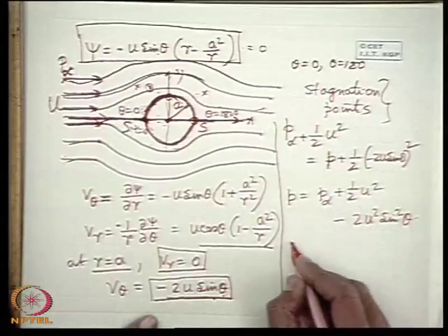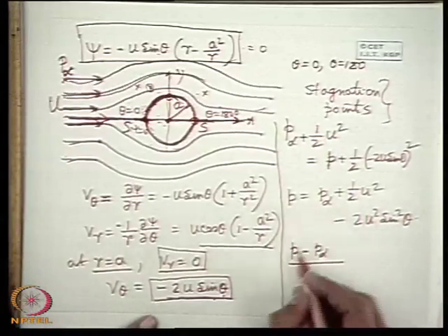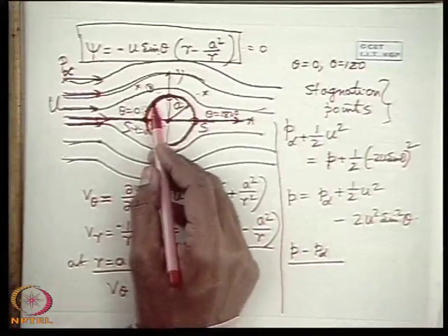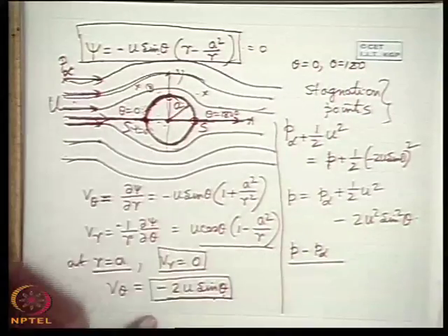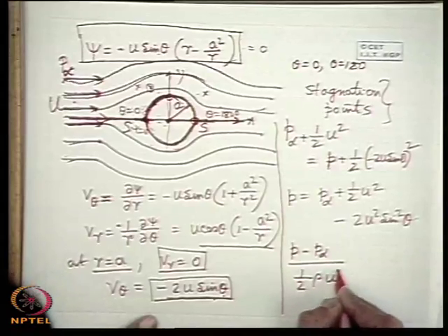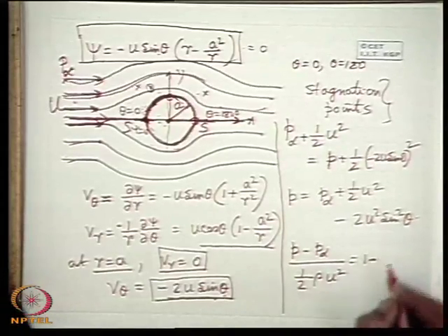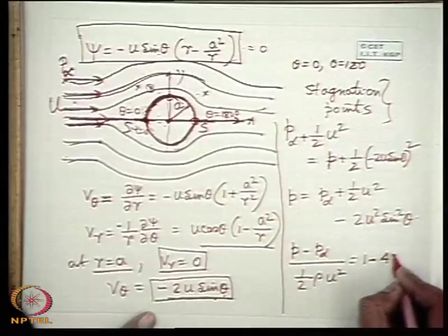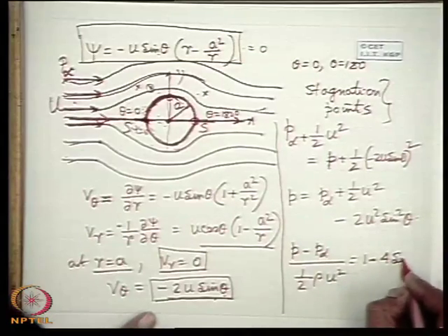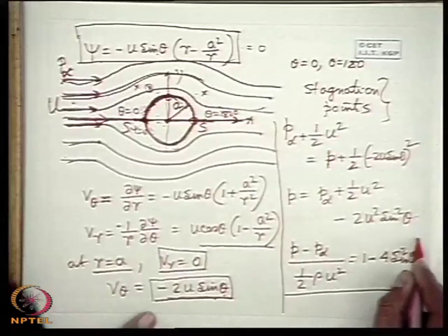Now we make it non-dimensional, expressing P minus P infinity, the difference of pressure at the surface from the far stream pressure, divided by half rho u square, as 1 minus 4 sine square theta. So this is the pressure distribution equation.